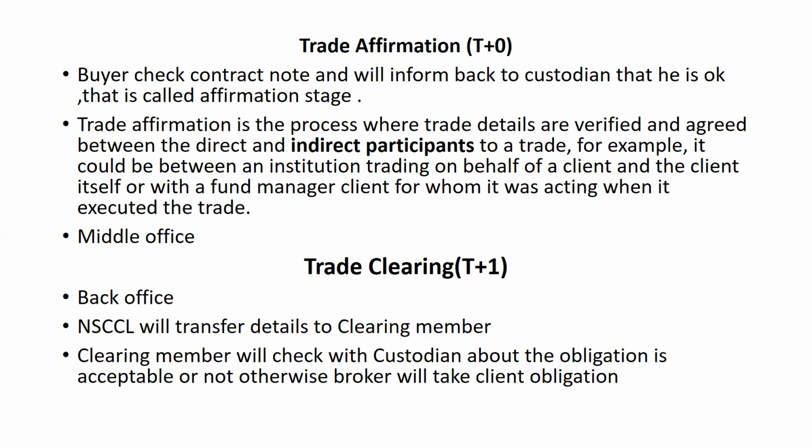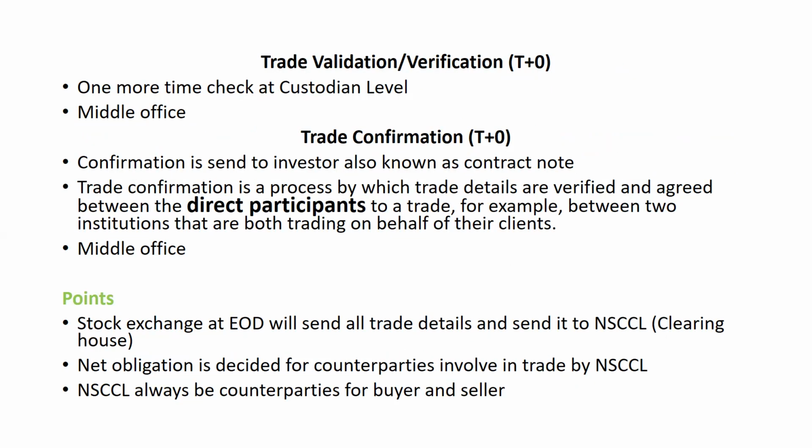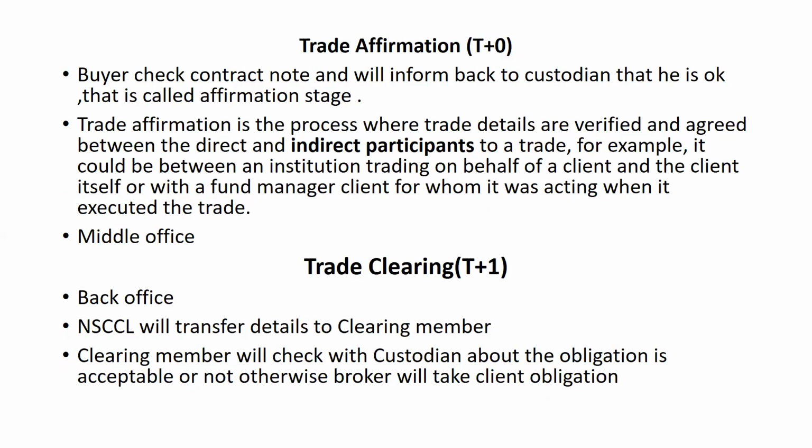Now the trade affirmation stage comes, which is T+0. It is similar to the trade confirmation. Here the buyer checks the contract note and informs the customer that he is okay with it, and that is called the affirmation stage. In trade confirmation it was direct participants; in trade affirmation it is indirect participants to a trade.